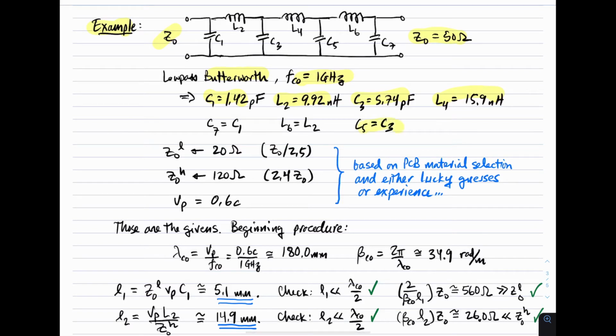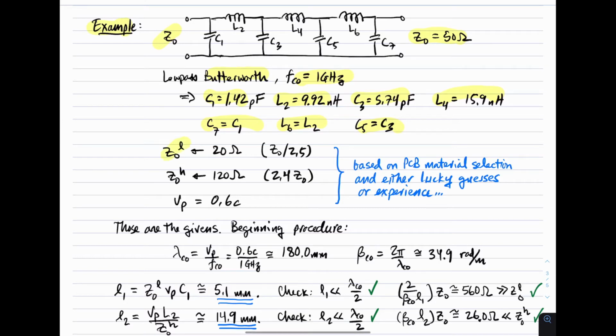So C5 is equal to C3, L6 is equal to L2, and C7 is equal to C1. The nice thing about symmetrical designs is that you only have to work out details for 4 segments, and then the other 3 will be determined by the first 3 of those 4 that you worked out.